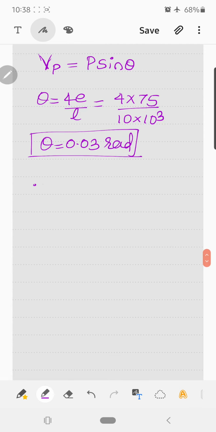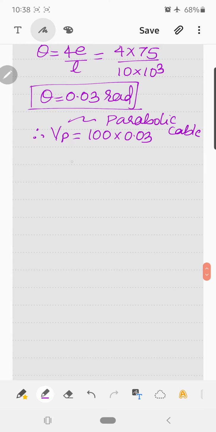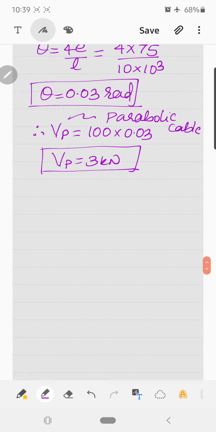Therefore VP is P sin theta, which is 100 into 0.03. This is for the parabolic cable, which we have not done in the last problem. So VP is 3 kilonewton.